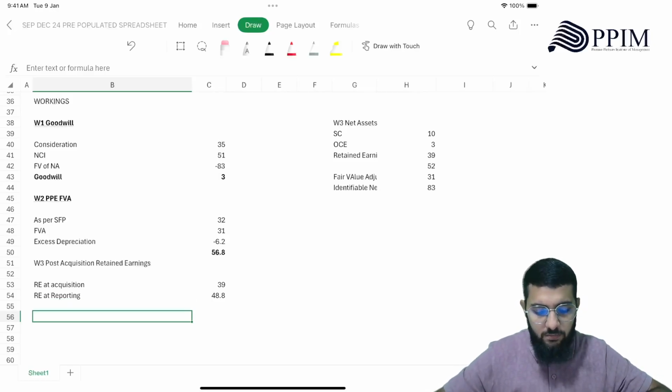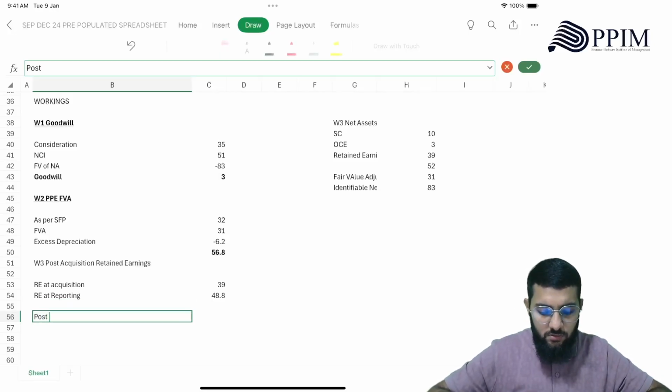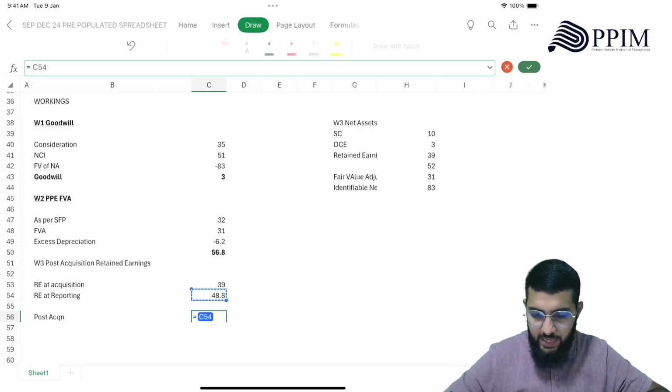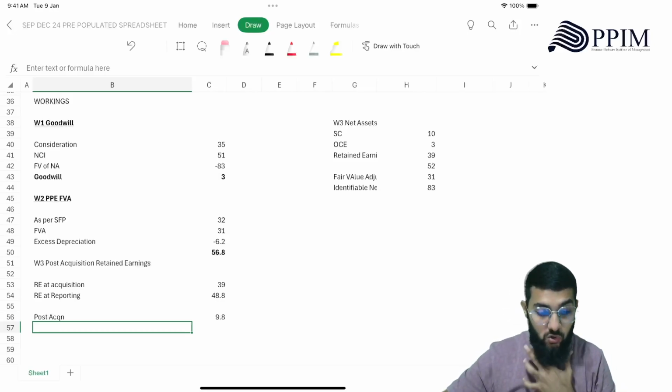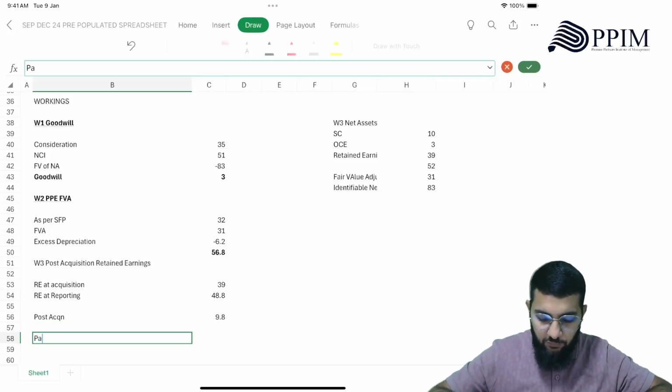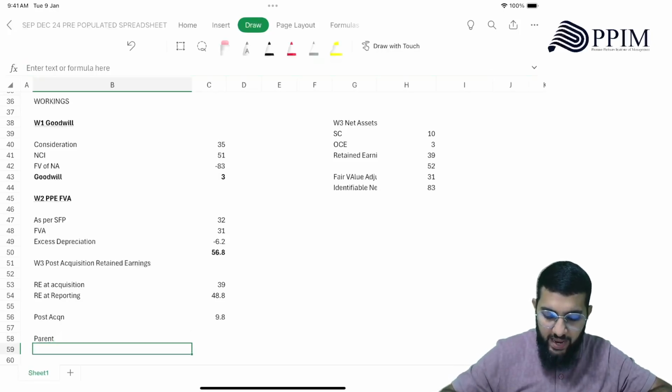million. Okay, so what is the post acquisition? Post acquisition is 9.8. Now 9.8 is not the parent's alone. Now we have to split it among parent and NCI.